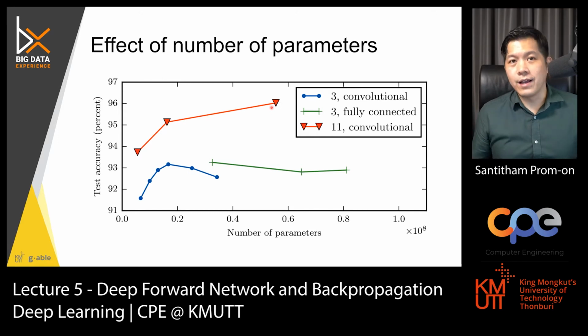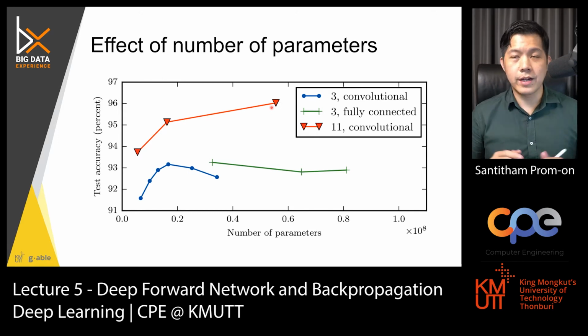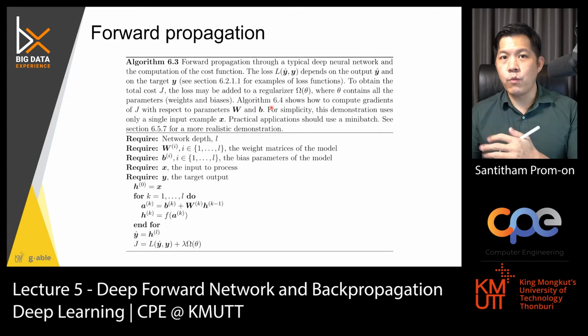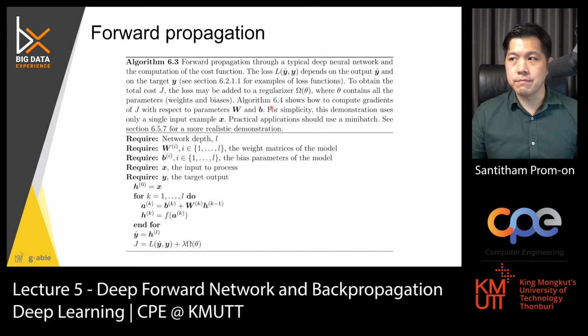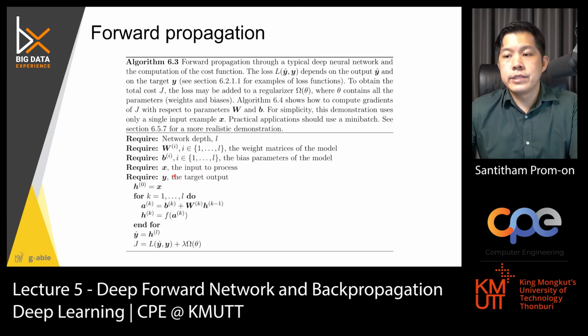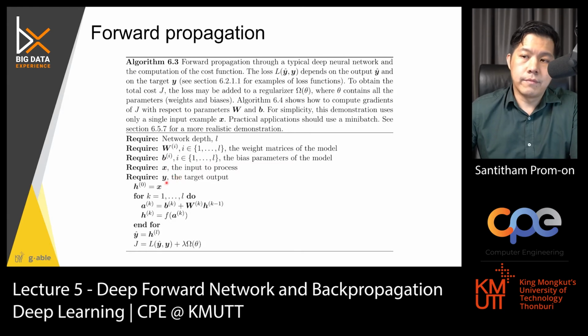Now let's look at how to train the model. It's actually gradient descent, so I will not ask you to do this again. It requires two steps. First is the forward propagation, and second is the backward propagation. In the forward propagation, we have the weights, the biases, and the input and output. For forward propagation, we start with the input layer x as h0, and then do a for loop from the first layer to the last layer.